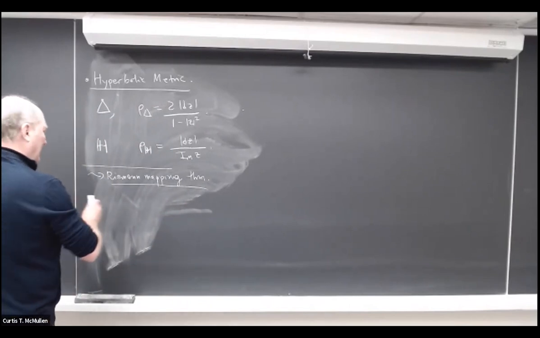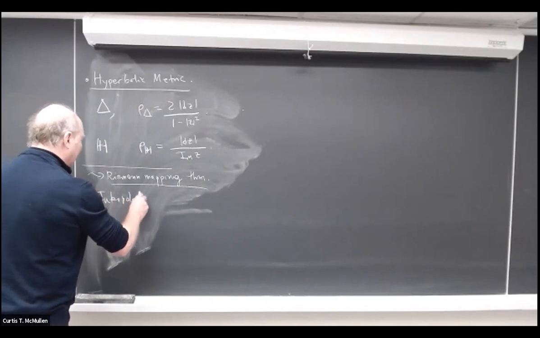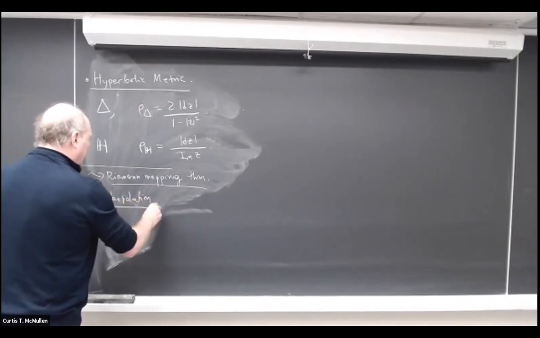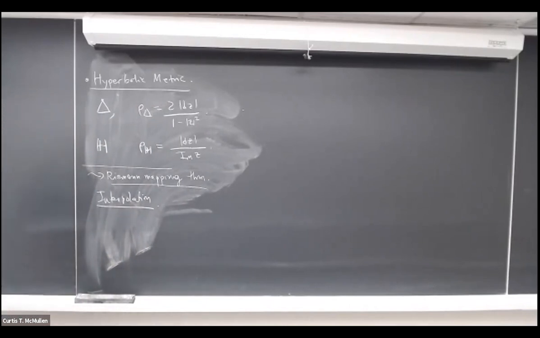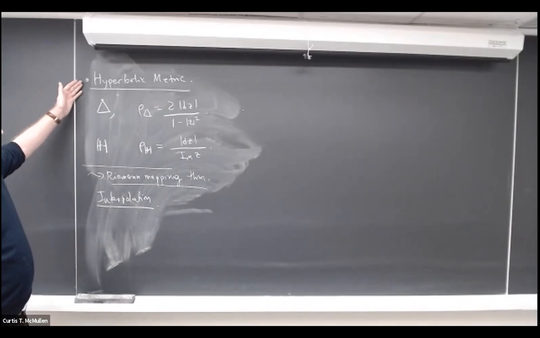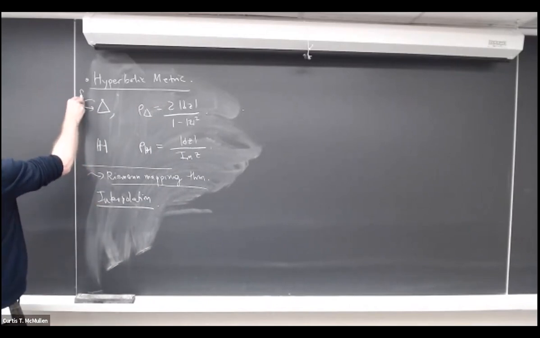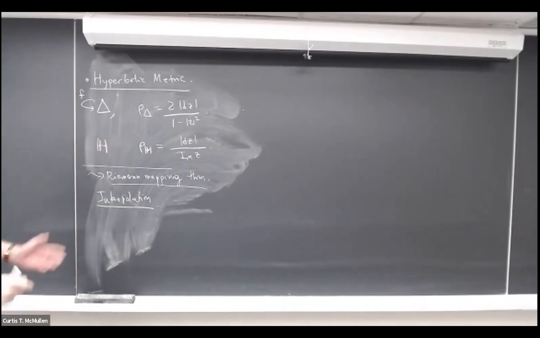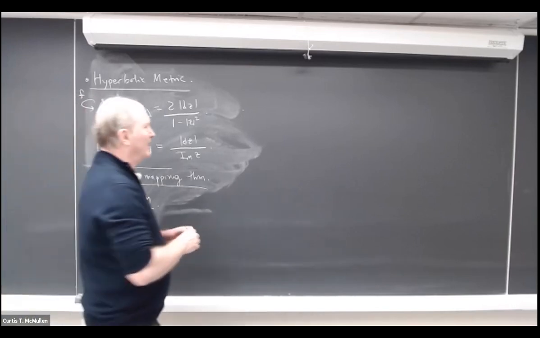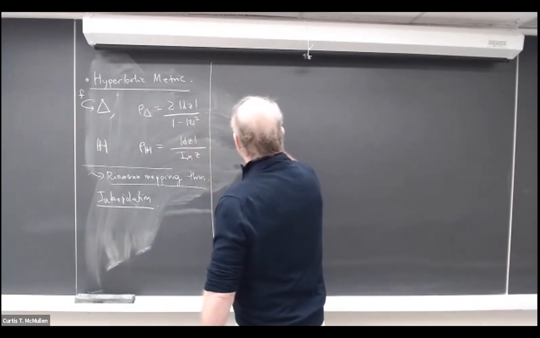Anyway, but what I want to talk about first today is interpolation. Because interpolation is closely related to the Schwarz lemma, which is our fundamental theorem about the hyperbolic metric. Namely, any analytic map of the unit disk or the upper half plane to itself shrinks hyperbolic distance. So what is the interpolation problem? The interpolation problem can be stated as follows.